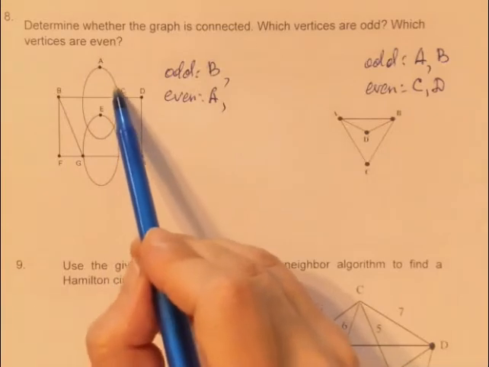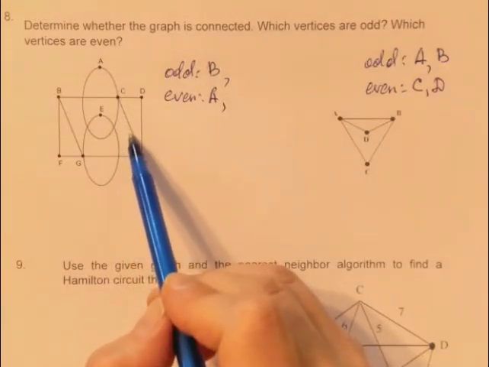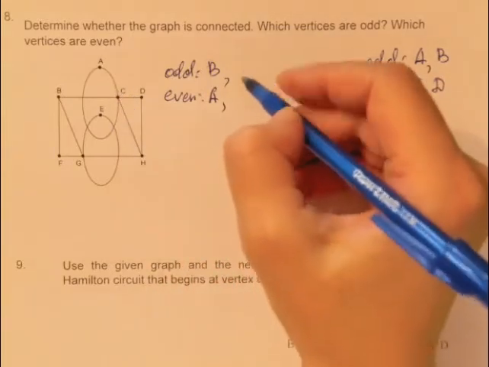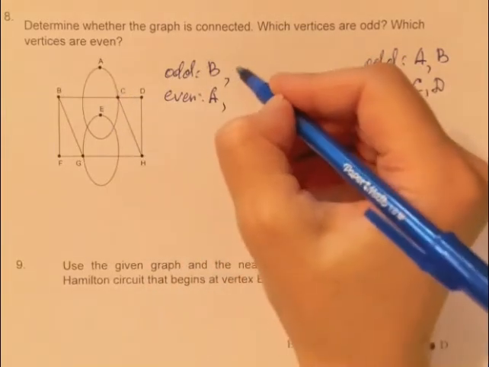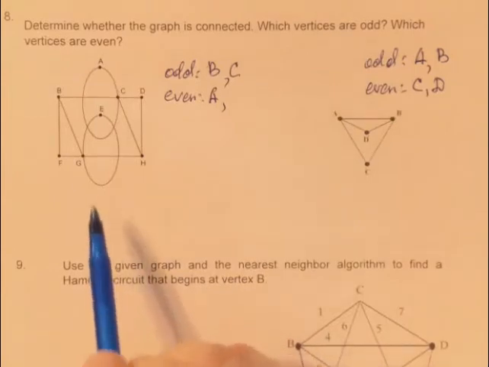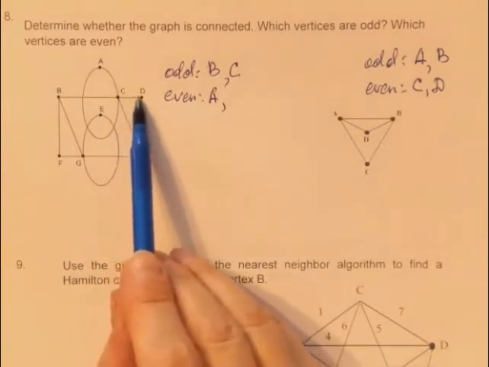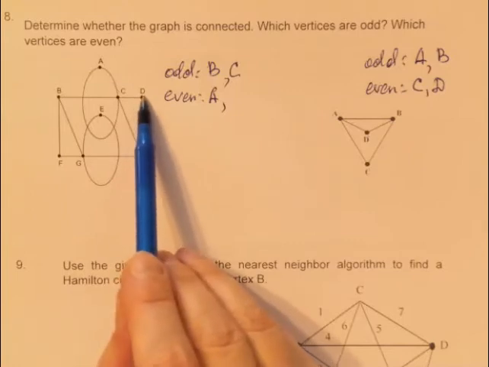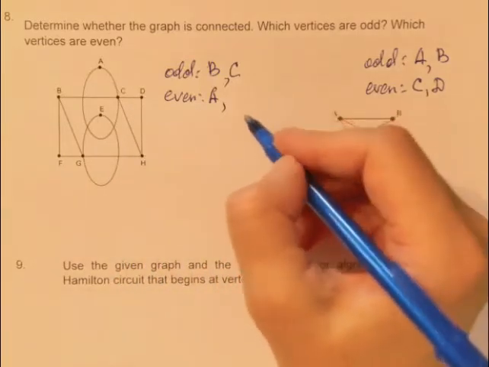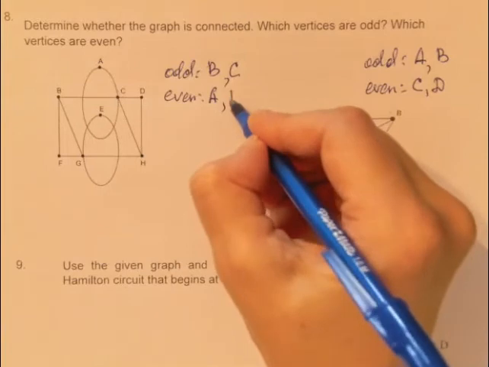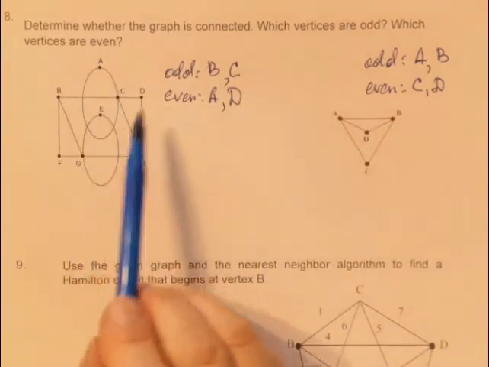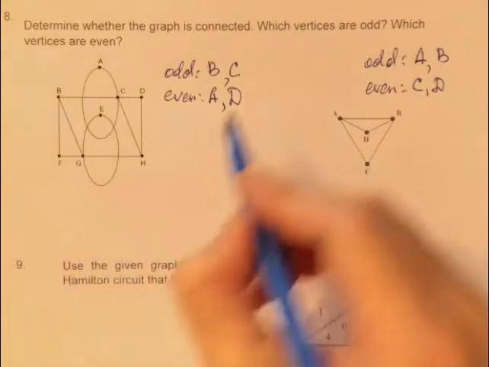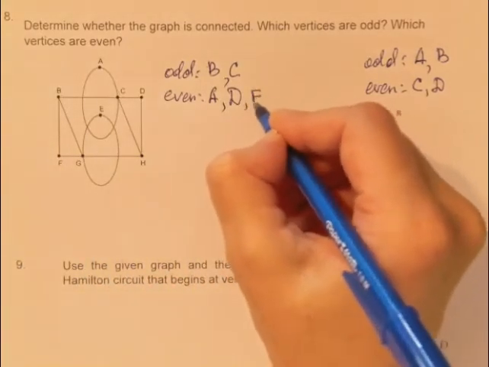C, 1, 2, 3. Three lines end up at C, 3 is an odd number, C is an odd vertex. D, 1, 2. Two edges or two lines end up at D, so D is even. A, B, C, D, E. E, 1, 2. Two lines, E is even.